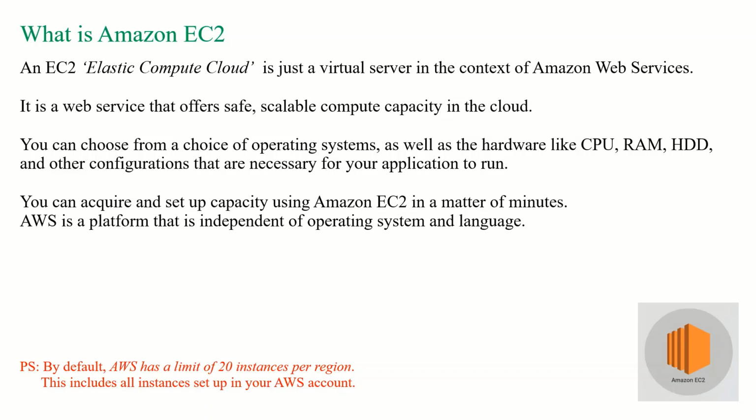What is a limit? What does that mean? What is an instance? What is the meaning of a region? What is an AWS account? Whatever words you come across, if you're not able to follow or understand, please make a note of it. In the Q&A session at the end of each session, we will touch upon that and clarify.